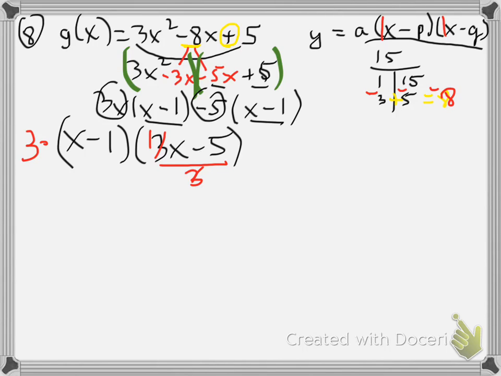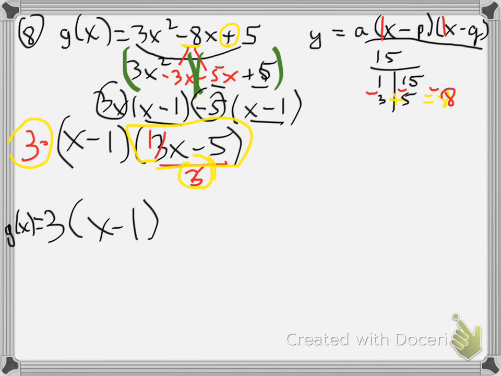This way, this 3 is canceled out by this 3 in terms, but I'm using this division of 3 to affect this parenthesis right here, and I'll keep that up front there. So this becomes 3(x minus 1). Actually, this is g of x, by the way. Okay, and then inside I've got here x minus 5/3.